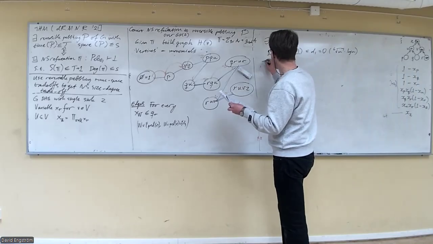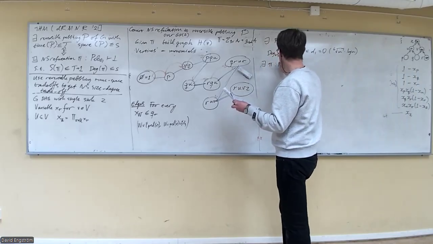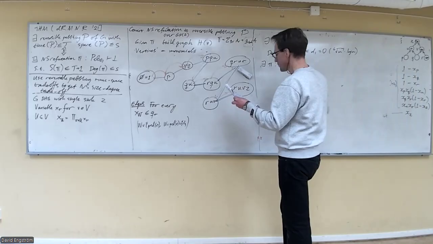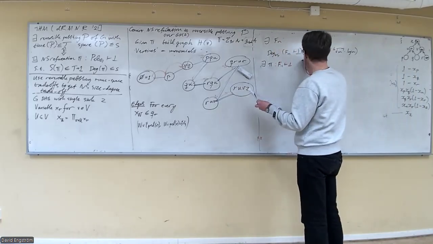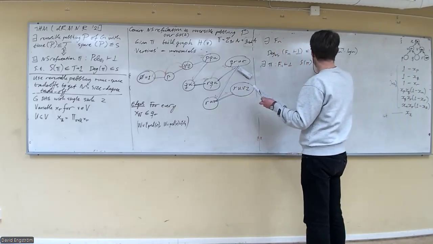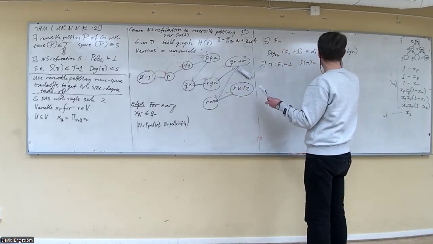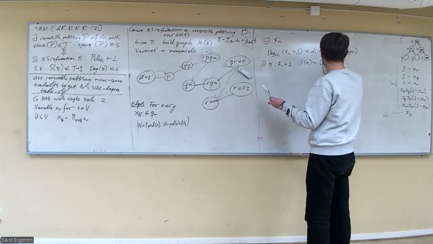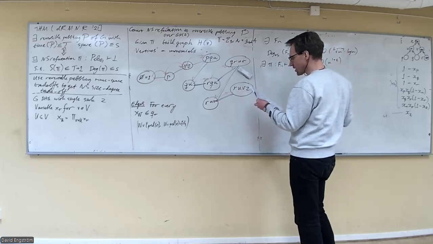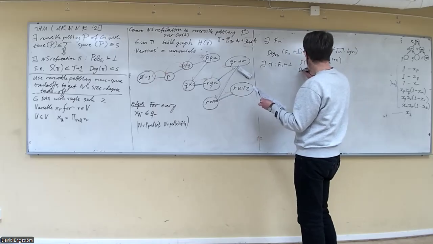And then you say there exist refutations pi such that the size of pi is essentially n to the 1 plus epsilon. You can pick epsilon arbitrarily small.